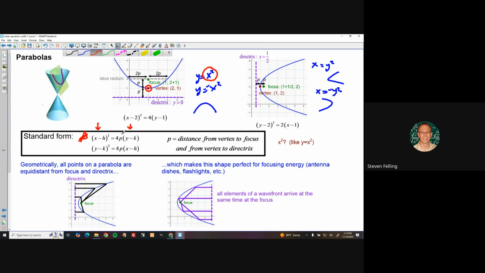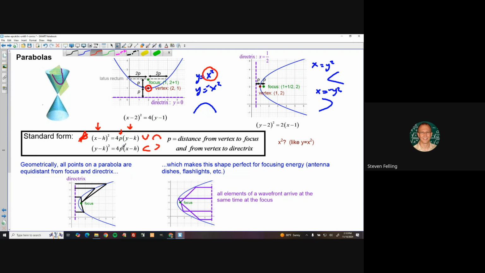Okay, and then this p here, 4 times p is whatever the multiplier is. If that 4p is positive, then it's opening either upward, in the case of the x squared, or it is opening to the right if it is this type where the y is being squared. If it's negative, it's opening in this direction or in this direction.